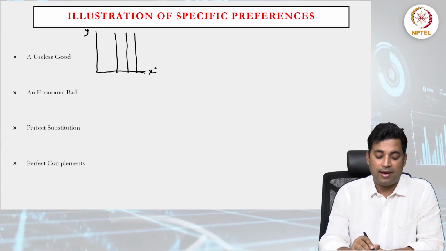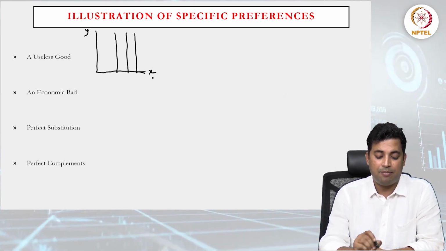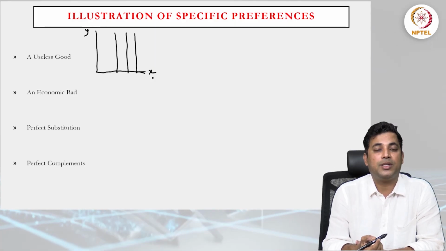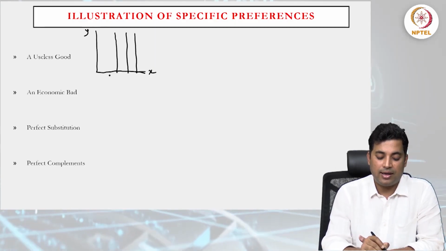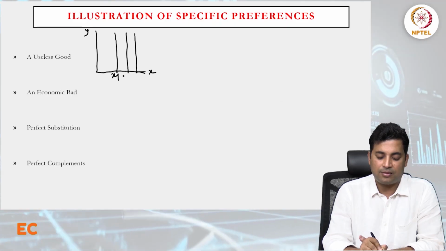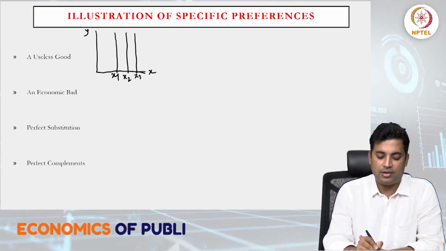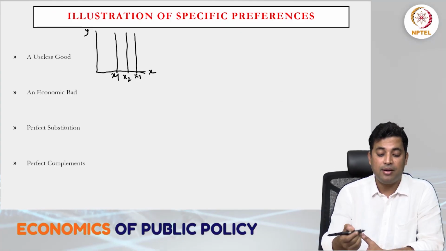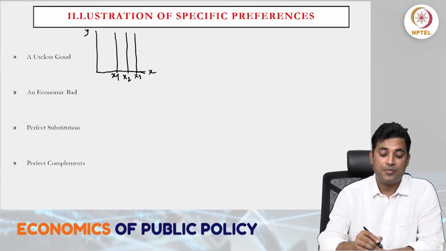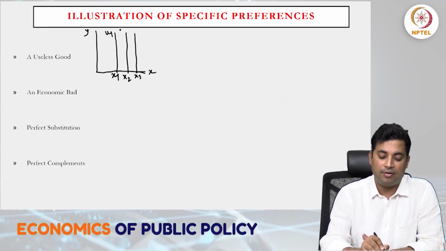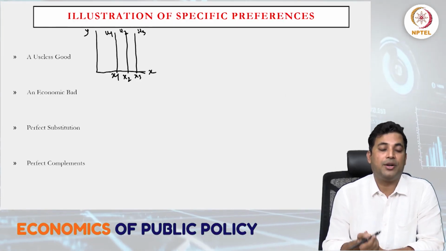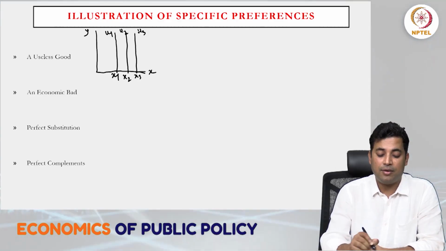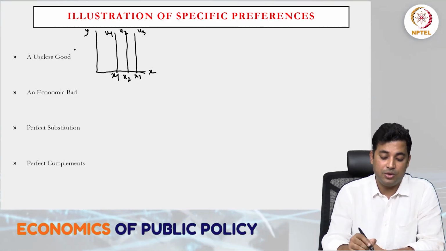So for me, if x is LPG, then kerosene or others will be neutral. I'll get x1, x2 and x3, a higher amount of x, and then a higher level of utility out of it, which is indifferent to y. So this is one, if y is neutral.